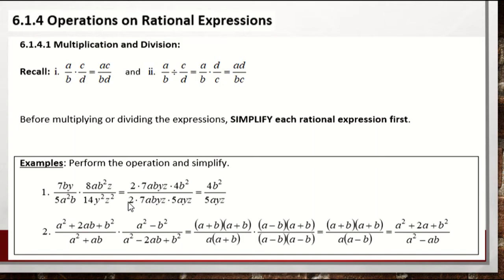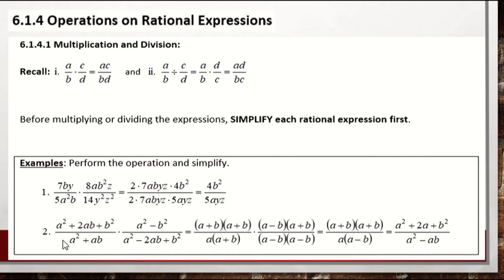Over, okay, factoring this, what remains here is 5. Then the one a was taken out, the b was also taken out, and one y was taken out. Since it is squared, one y is left. Then the z was also taken out, so one z is left here. So we can cancel, that is 1 anyway. So what is left is 4b squared over 5ayz.